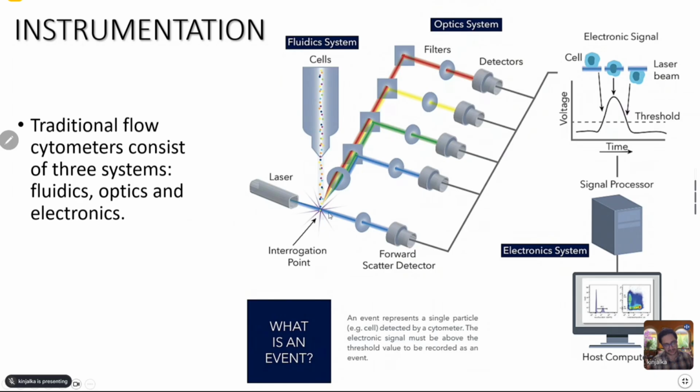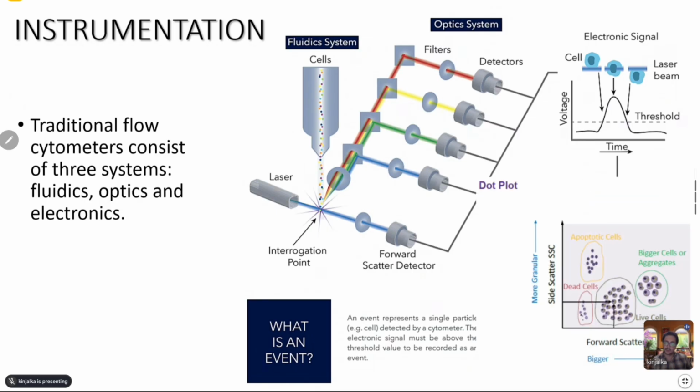The antigen-antibody reactions that have taken place with the tagged fluorophore get excited and different wavelengths of light are emitted, which pass through filters, and there are detectors to detect the kind of light. Based on that, you can identify the cell size, cell granularity, and specific antigens of your interest. Then there is software to interpret what the signal means, which cells are more in number, and so on.